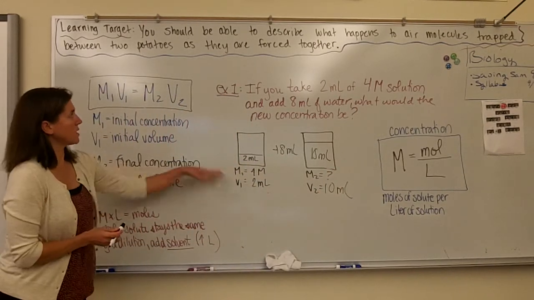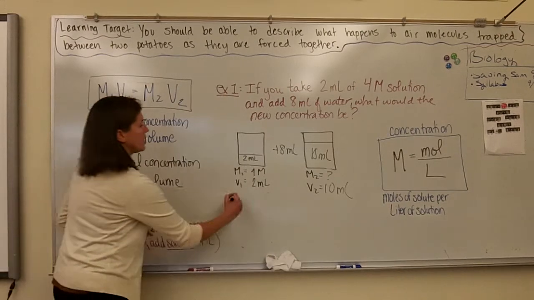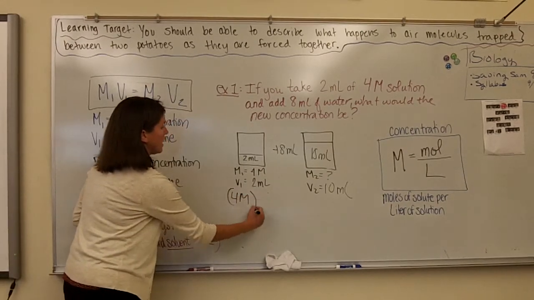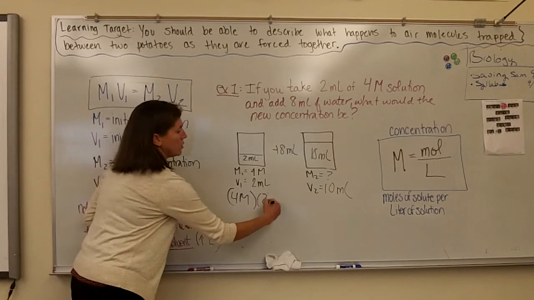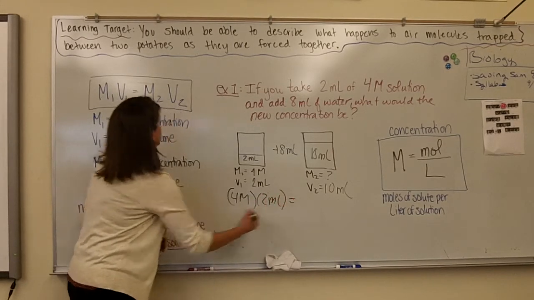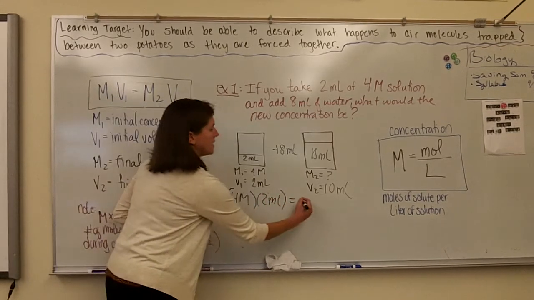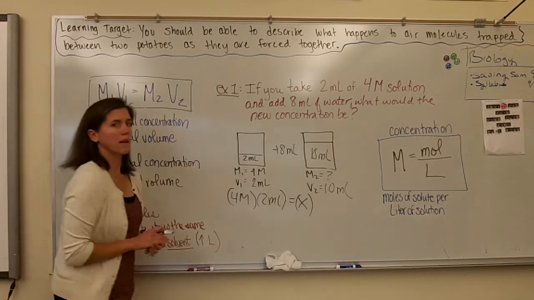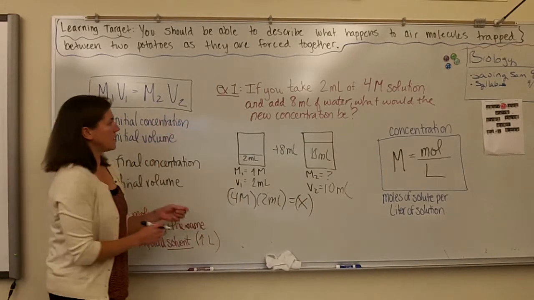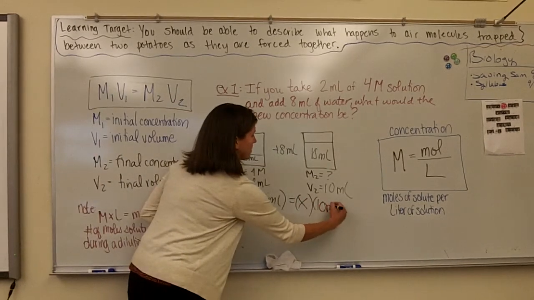Now I'm going to take these numbers and plug them into my equation. So M1 is 4 molar, V1 is 2 milliliters, M2 is, I don't know, I'm going to put X there for my unknown, and V2 is 10 milliliters.